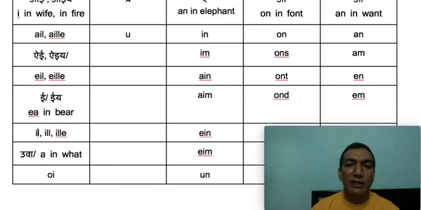Okay, double, double. So E, like in EA in beer. Okay, E, E, E, E.